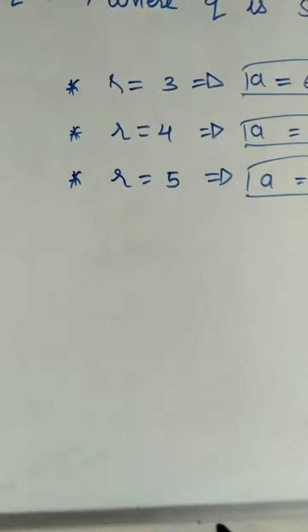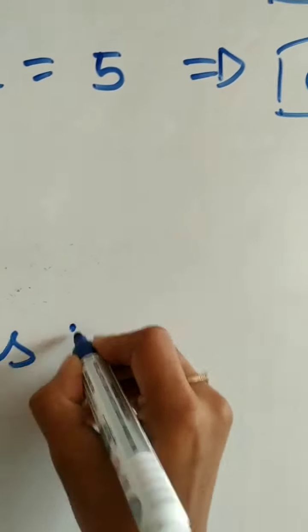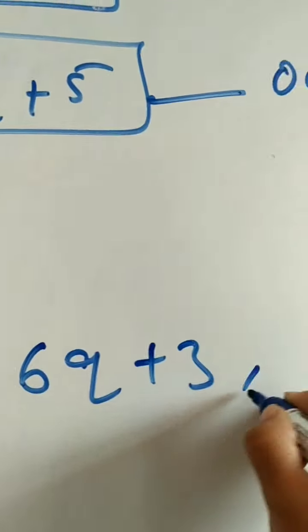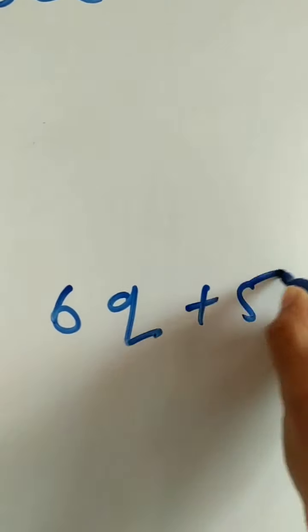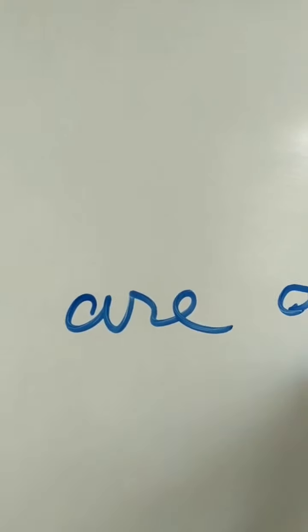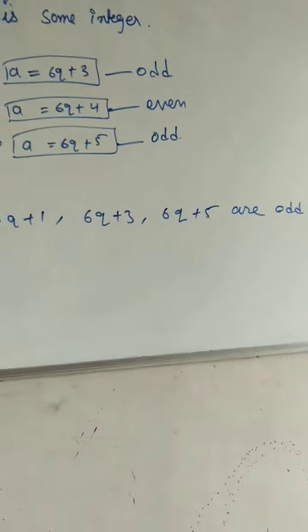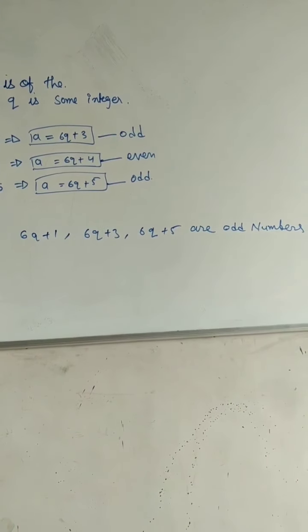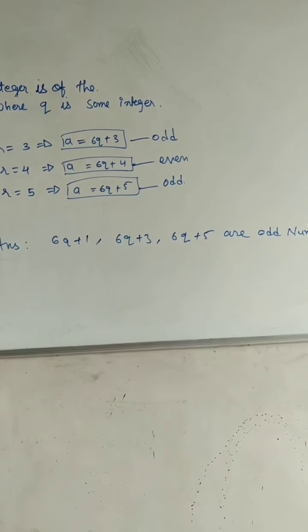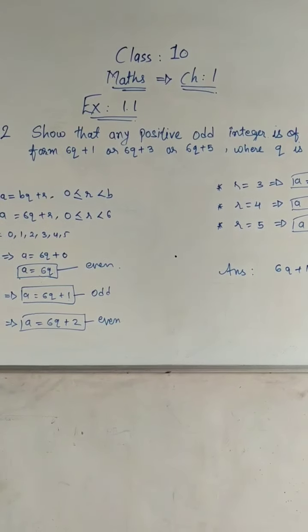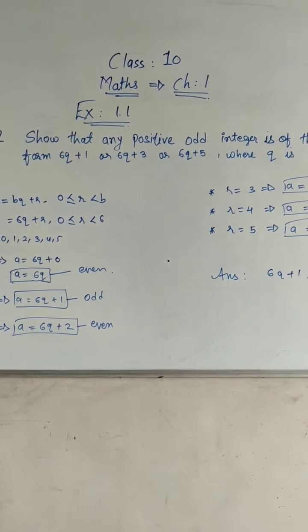So in the answer we will write that 6q plus 1, 6q plus 3 and 6q plus 5 are odd numbers. Again, some students may ask how we have proved that 6q plus 4 is even. That is in the rough work. So here our question ends.